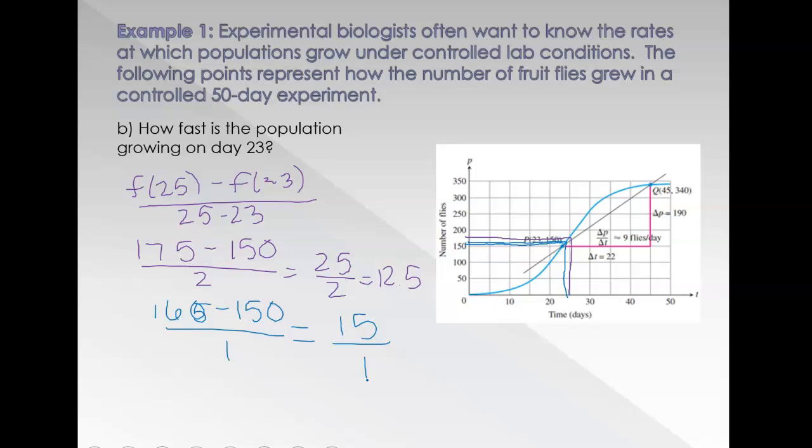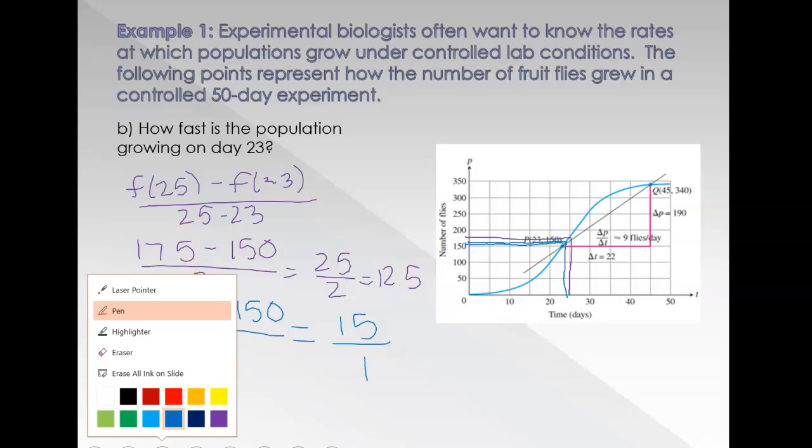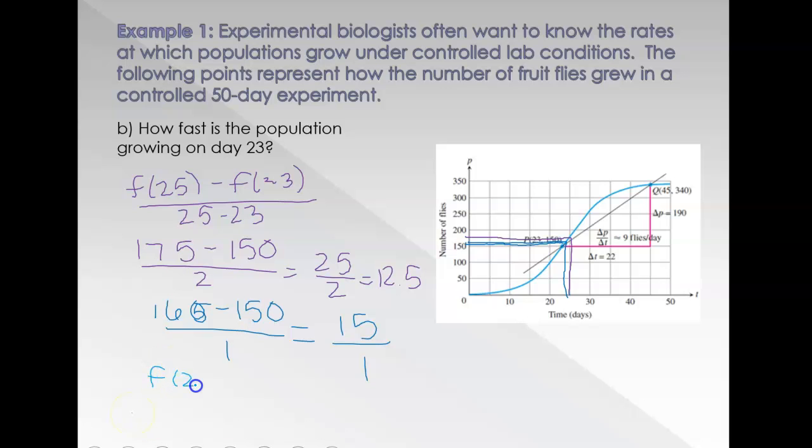We're not going to look at 23. So maybe we look at f of 23 minus f of 22. So 23 is 150. 22, maybe 140.